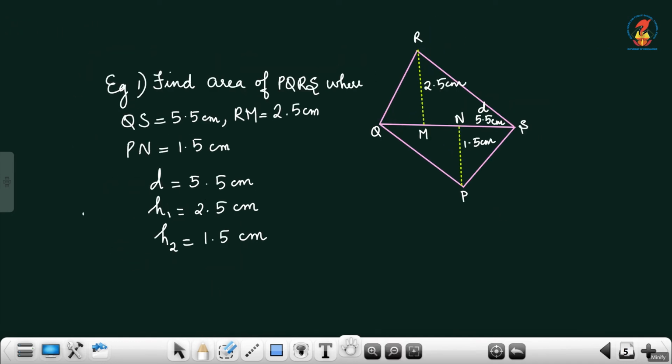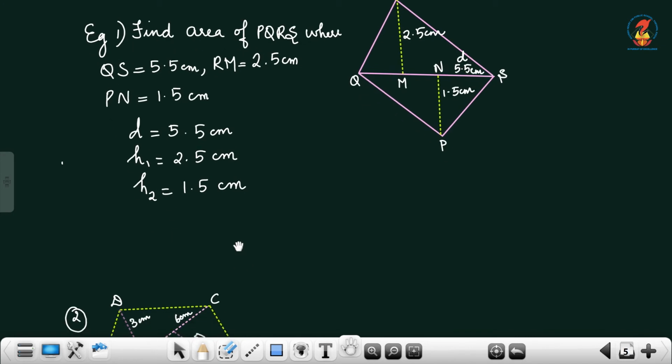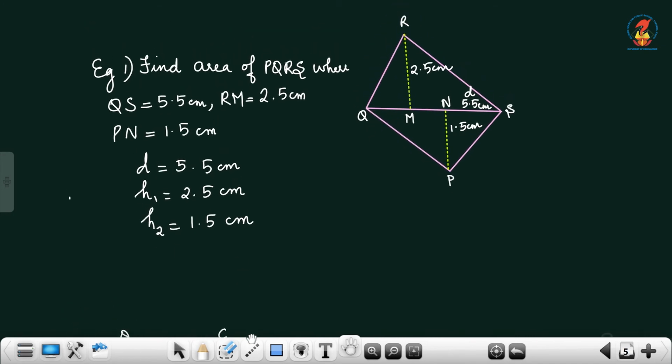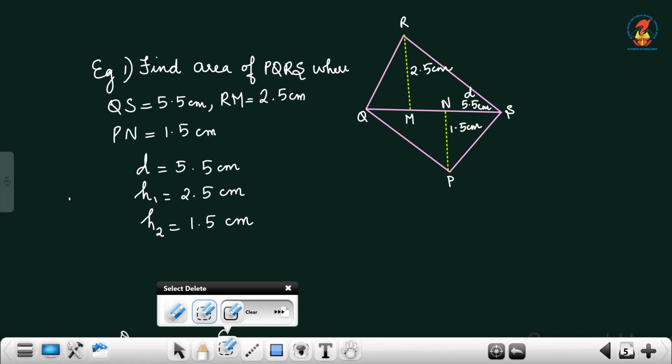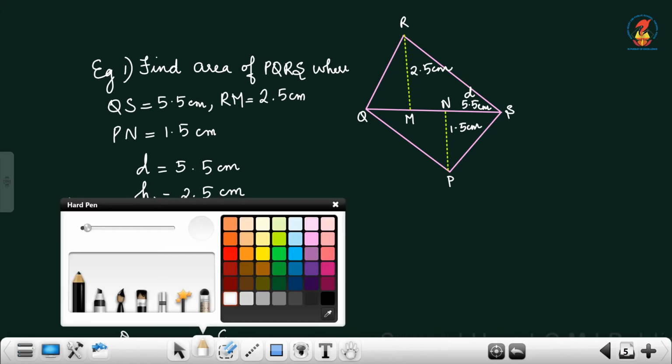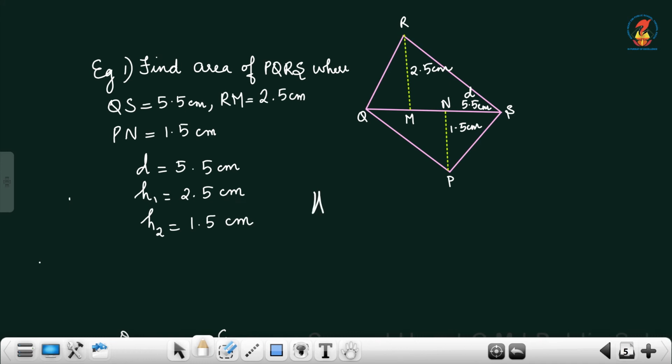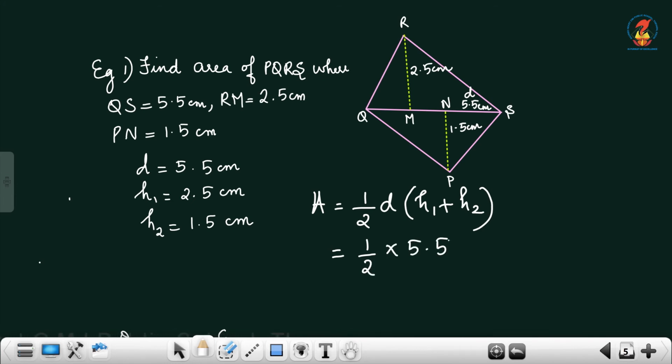How can I find the area of the quadrilateral? Using which formula can I find that? Using the formula half D into H1 plus H2. Area equals half D into H1 plus H2. Half, what is D? 5.5 into 1.5 plus 2.5.